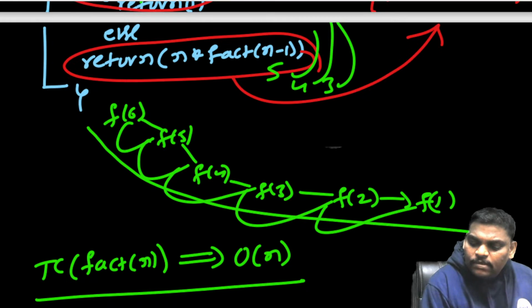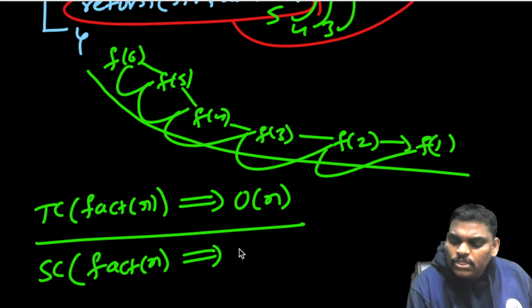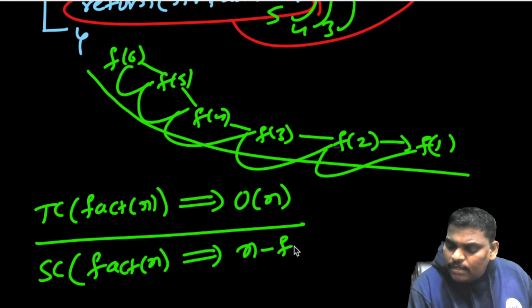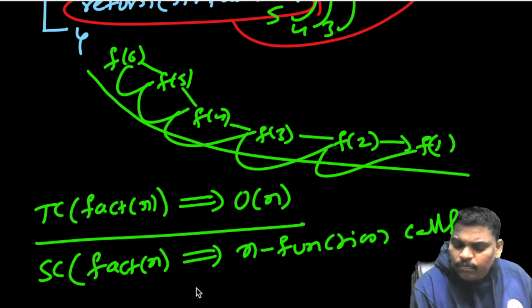Space complexity of fact of n is how many function calls? N function calls, because fact of n internally calls n functions.